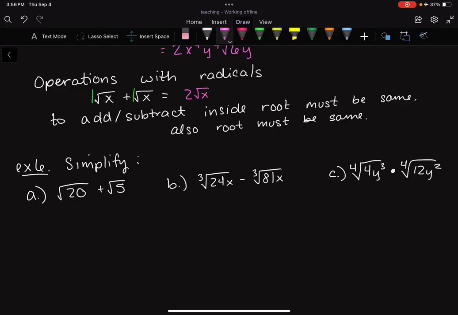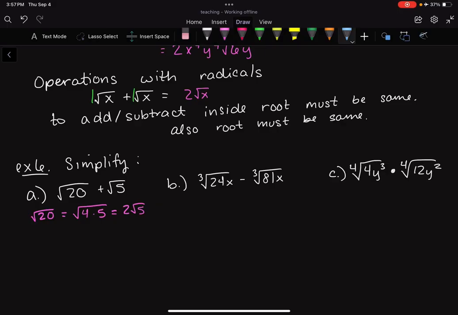Okay, so you need the inside of the roots to be the same. Now we can simplify to get this done. So root 20, let's see, how does that break up? Root 20 is the same as 4 times 5, so this is going to be 2 root 5.